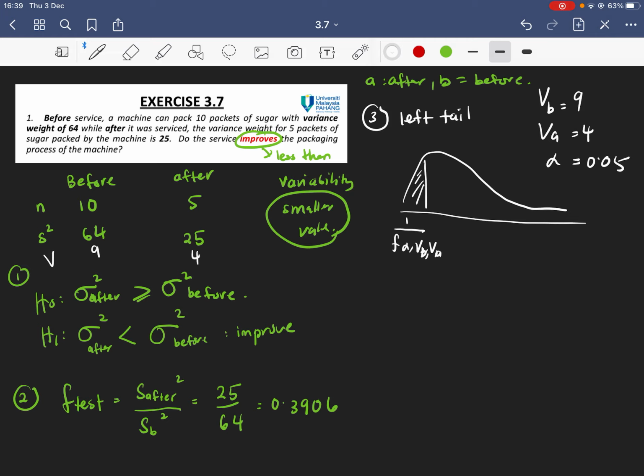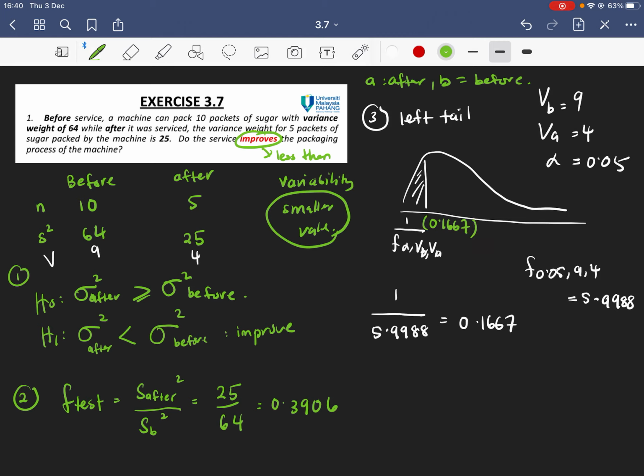So you find F 0.05, nu B is 9, nu A is 4. So look at your stat table, you will get 5.9988. So 1 over 5.9988 is equal to 0.1667. So put here 0.1667.